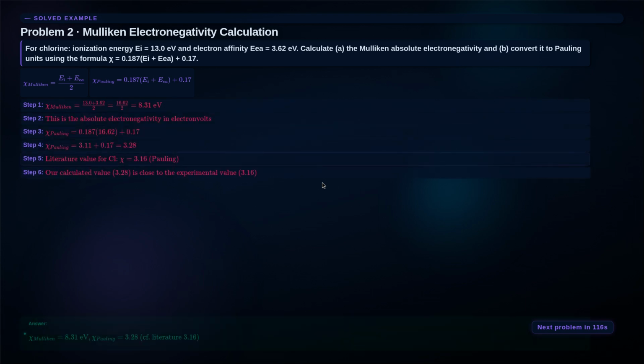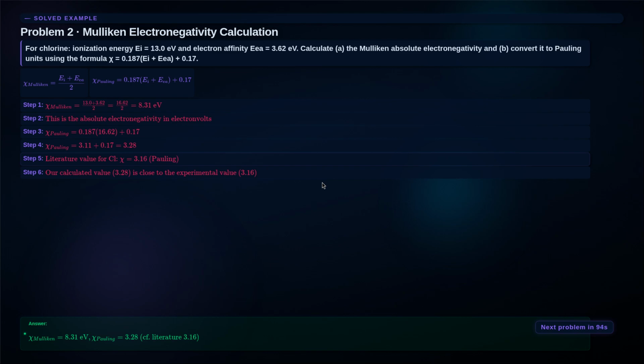Problem 2. Mulliken electronegativity calculation. For chlorine, the ionization energy is 13.0 electron volts and the electron affinity is 3.62 electron volts. First, calculate the Mulliken absolute electronegativity. Then convert it to Pauling units using the formula.